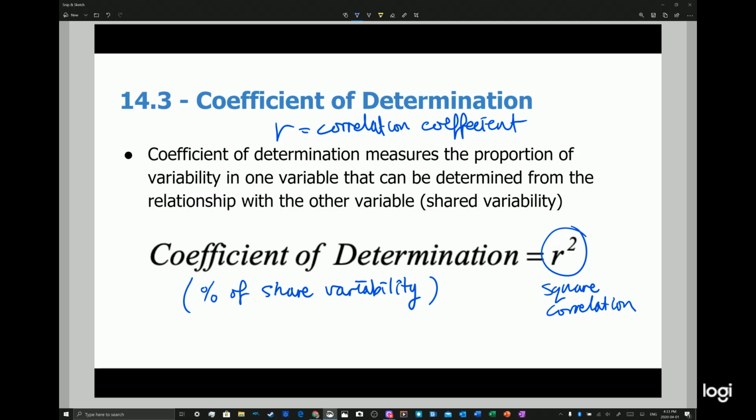Yes, you would use something like the Pearson correlation coefficient, r. And then if you want to figure out the percentage of shared variability, square that correlation. Squared correlation. So that's one demonstration of this.